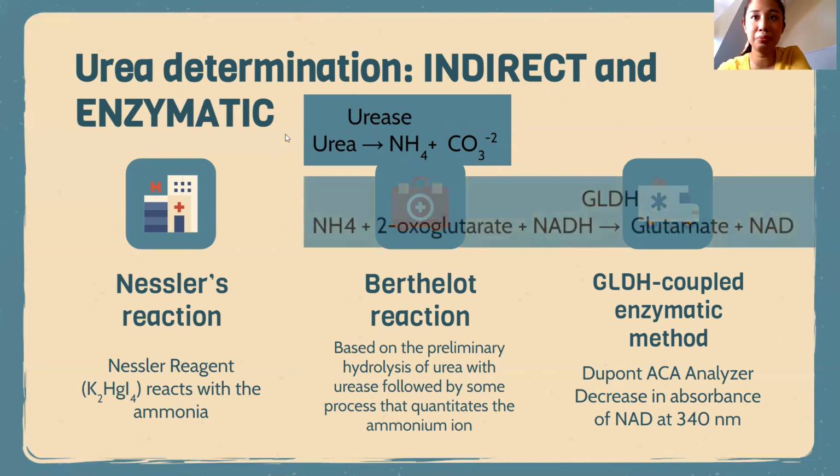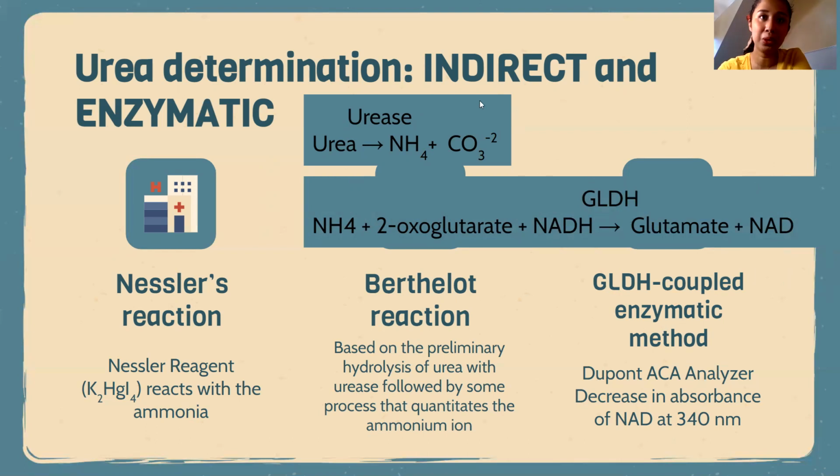With the coupled enzyme reaction, the ammonia is reacted with 2-oxoglutarate plus NADH. With the enzyme glutamate dehydrogenase, the products are glutamate and NAD. The NAD is what the spectrophotometer reads as the product at 340 nanometers wavelength.